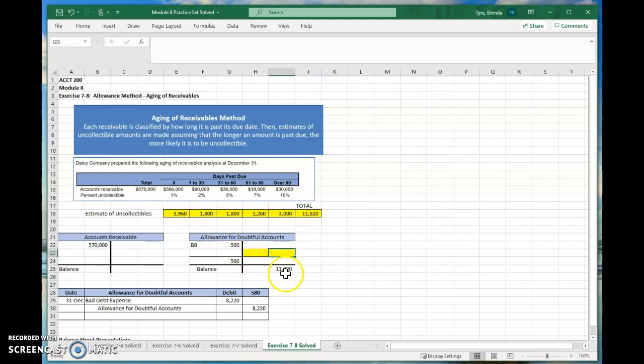I should probably, for illustration, do it this way. So now we've got the 12,320, and I can see that 12,320 minus the 500 equals my required balance of 11,820. So then down here, that would now be my number.